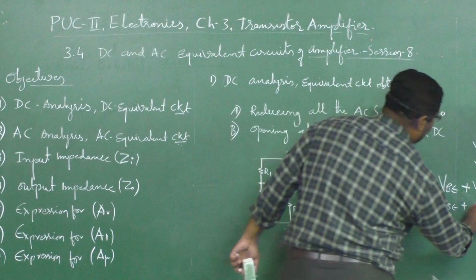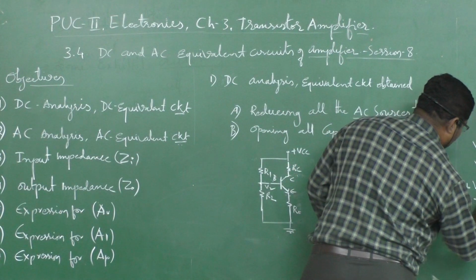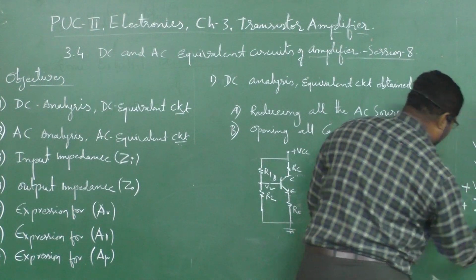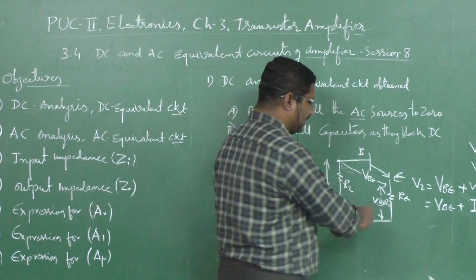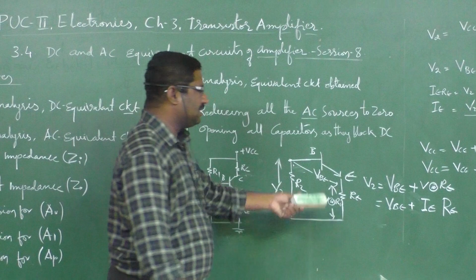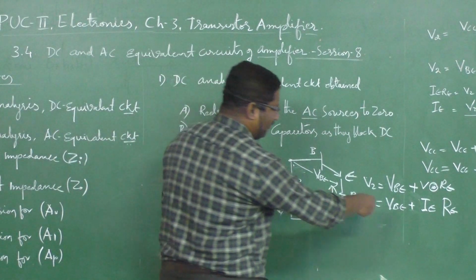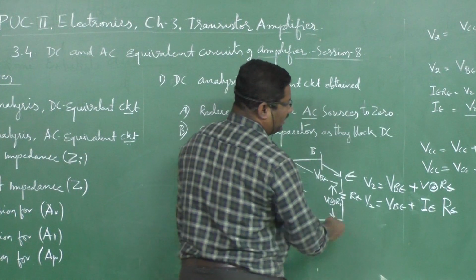V is equal to I into R. But here V is across the emitter, so that's why it is IE into RE. Like this we can write the equation, and from this equation we need the emitter current.